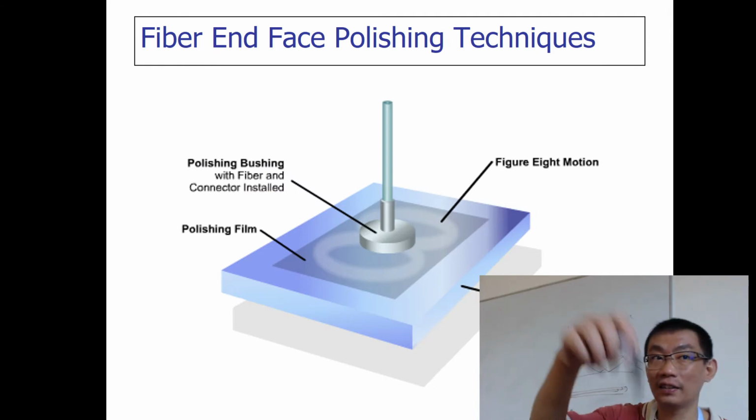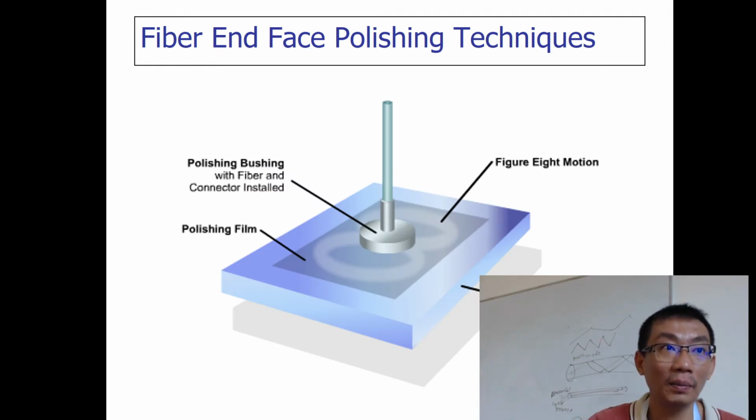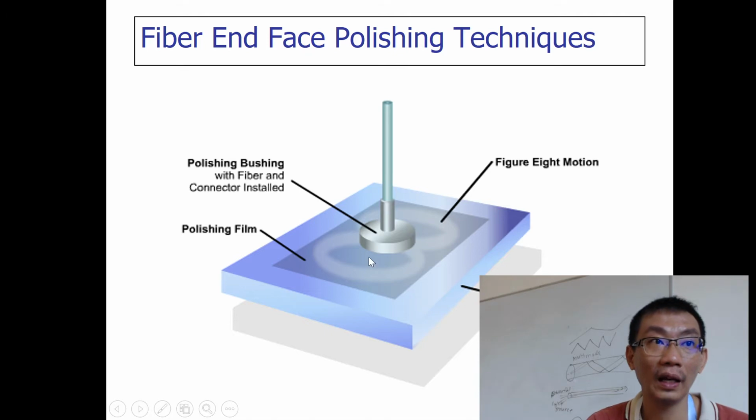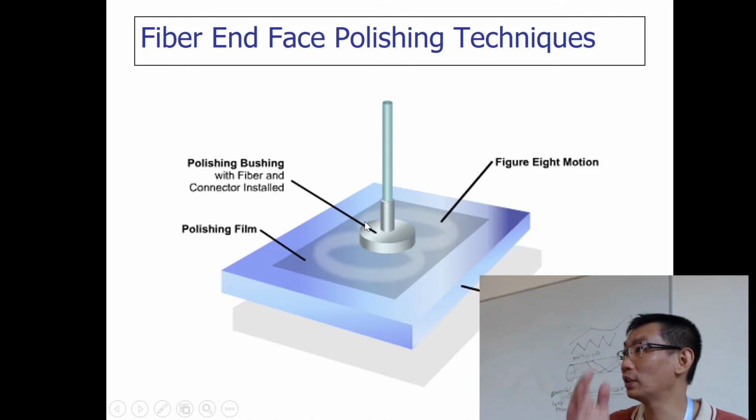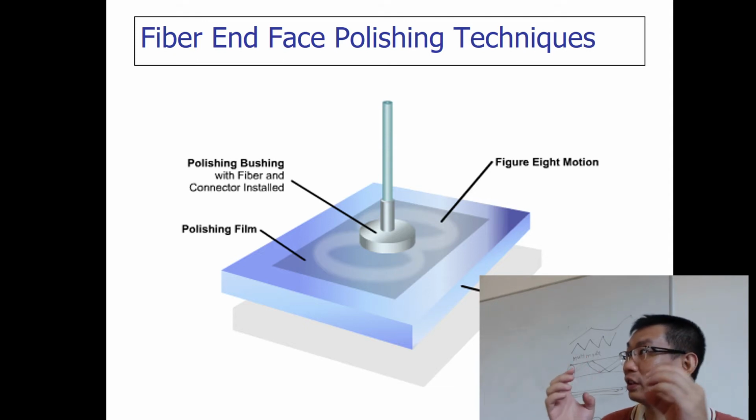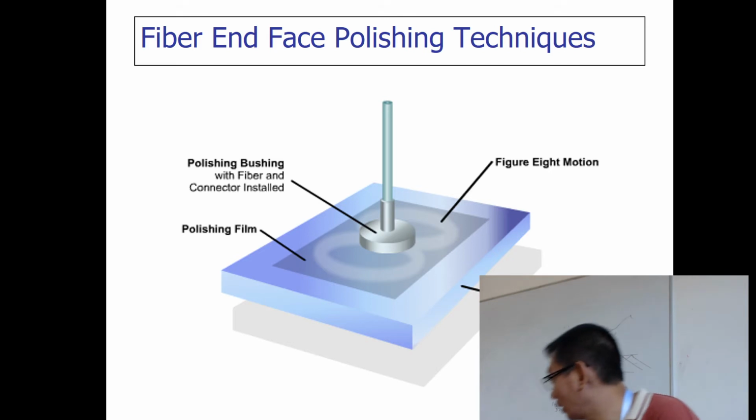Like this, a figure 8 motion. You take the fiber and you polish it, because when you cut it with a machine, even though it looks so straight, when you open it up under the microscope, it will still be uneven like this.